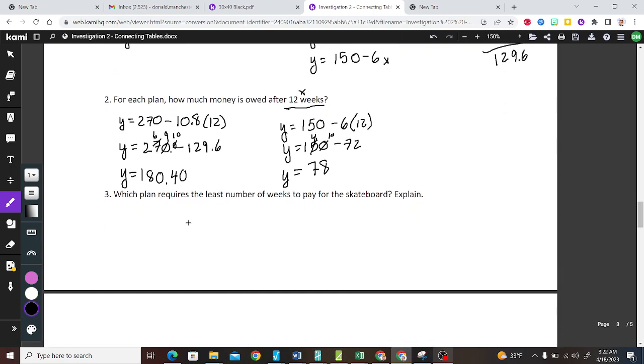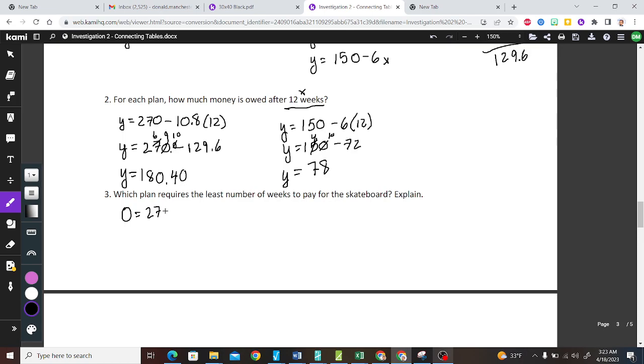So which plan requires the least number of weeks to pay for the skateboard? Explain. Well, it sure looks like the second plan is going faster. But the better way to figure this out is by saying, hey, when is the money I owe going to be 0?